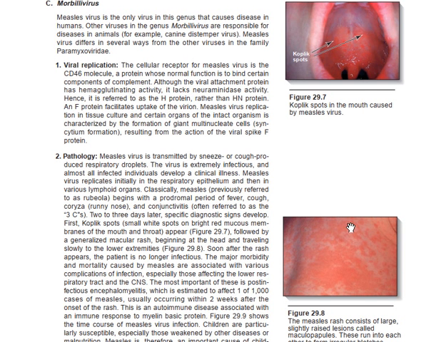The difference between a plaque and a nodule is that the plaque has a flat top, and a nodule has a dome-shaped top. Is it clear? Now, the contrary of a vesicle is a bulla, a fluid-containing skin rash greater than 1 centimeter.